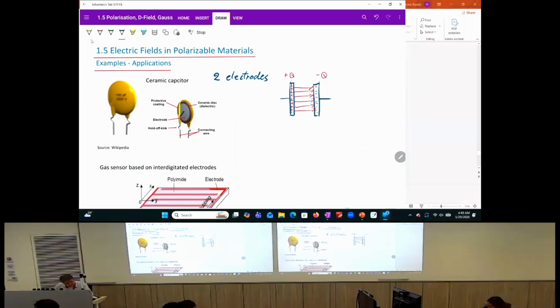You have some connection where you can charge up the plates or discharge them. And you also have some kind of filling in between, most likely. It could also be just vacuum, but that is not the likely scenario. So there will be some dielectric material, some material which is not conducting.